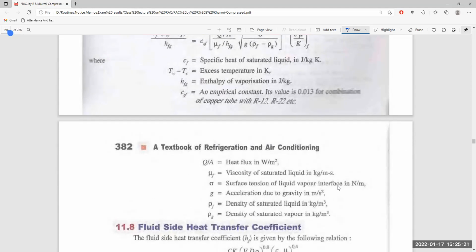Mu f is the viscosity of saturated liquid in kg per meter second. Sigma is the surface tension of the liquid-vapor interface in Newton per meter. g is the acceleration due to gravity in meter per second squared. Rho f is the density of saturated liquid in kg per cubic meter. Rho g is the density of saturated vapor in kg per cubic meter.